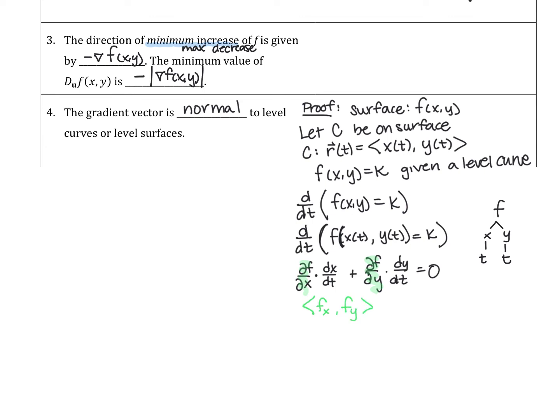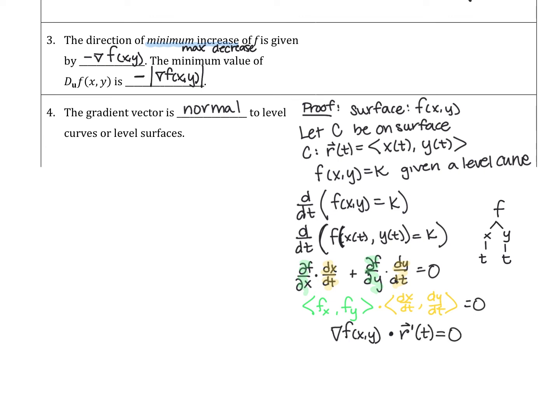And then if we take this piece, the dy dt, dx dt, those are my first derivatives, equals 0. And so really what I have is the gradient of the function dot product with the derivative of that position function, and it equals 0.